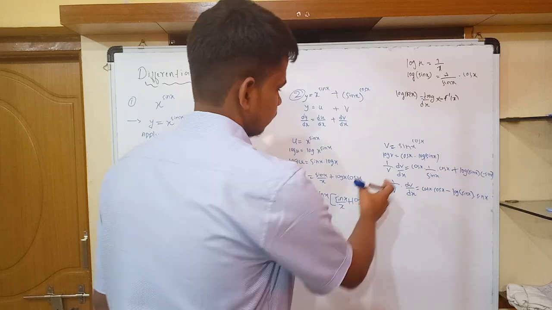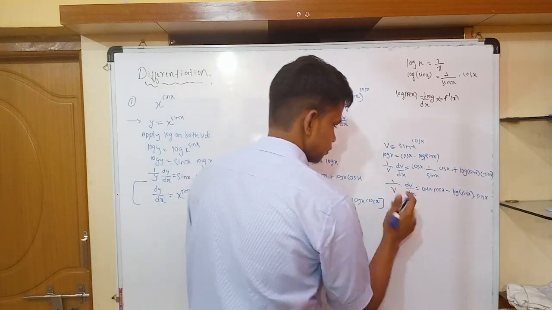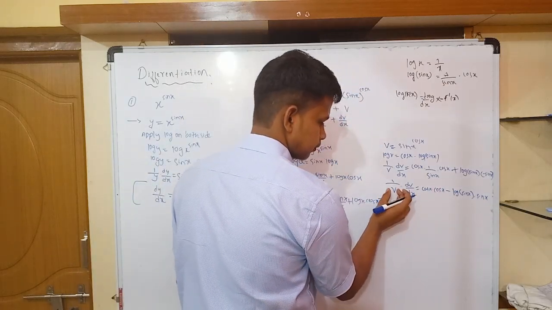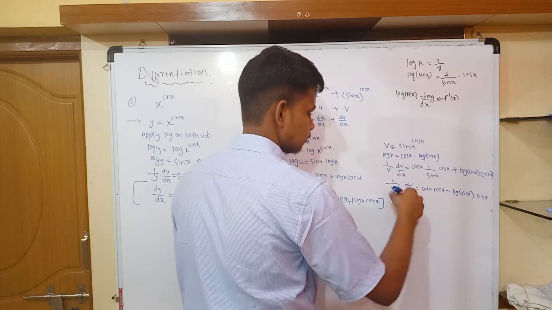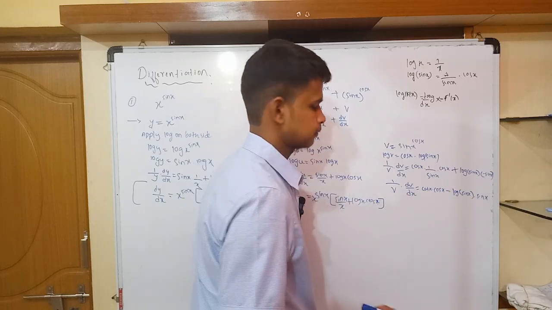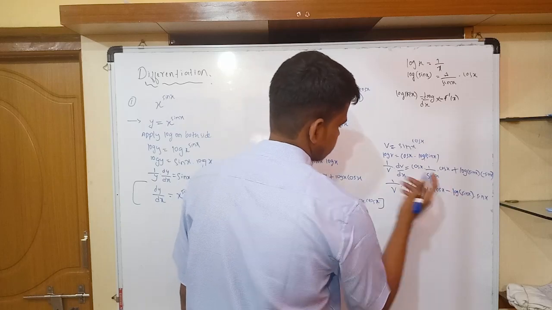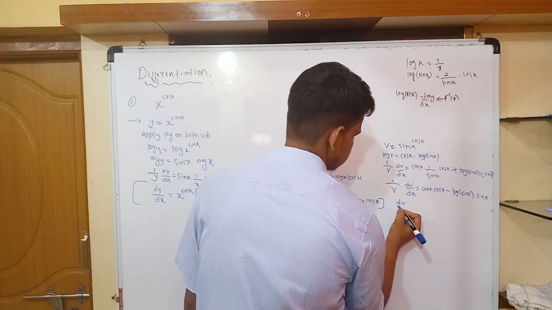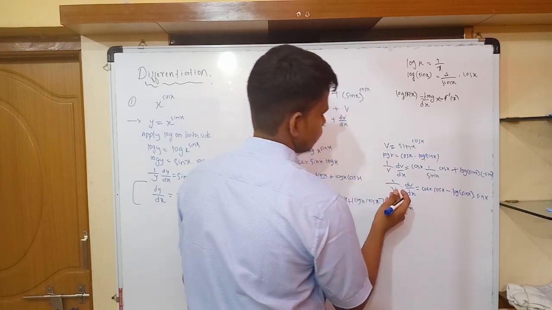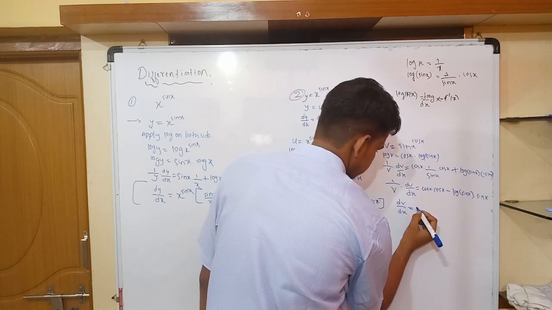And now we have got this answer. We have an extra thing, that is v, which we have to send across and cross multiply. So if we multiply that to dv by dx, we get v, which you already know is sin x raised to cos x.